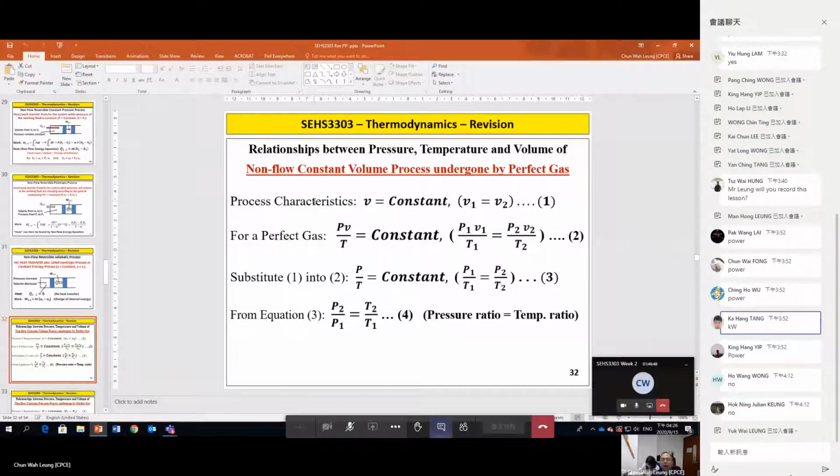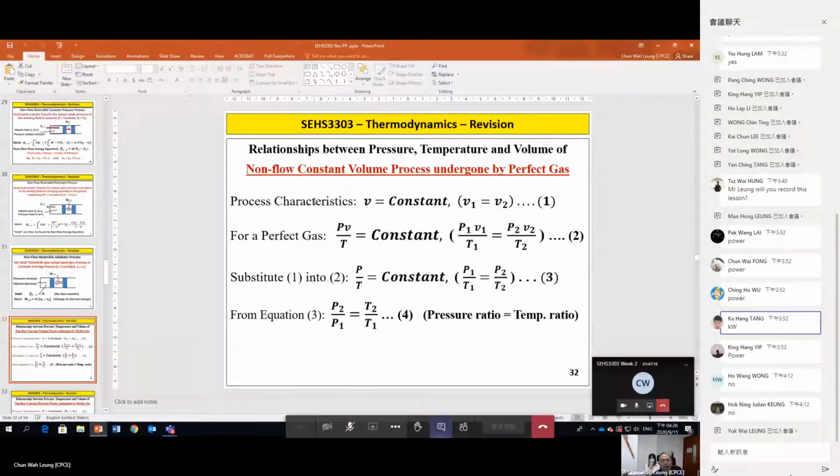Now, I substitute the first equation into the second. PV over T is constant, V is also a constant. So therefore, P over T is also a constant. You can rewrite it as P1 over T1 equal P2 over T2.